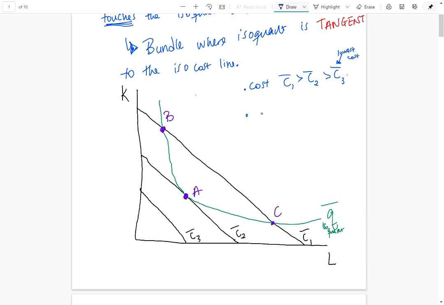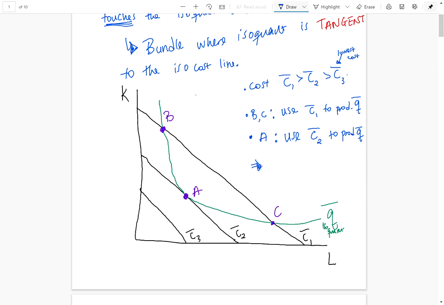Now, let's talk about points B and C. With point B and C, we use C bar 1 to produce Q bar. As we can see here, we can achieve a level of production at this point C. Same at this point B. However, they're not the best option, because at point A, we can use C bar 2, which is even cheaper, to produce Q bar.